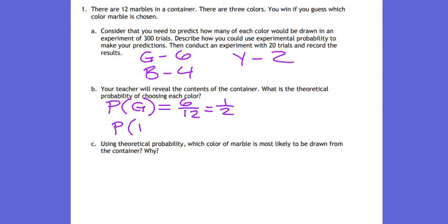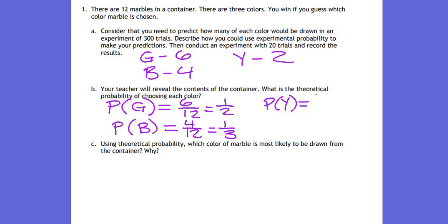Then I'm looking at the probability of blue. How many total blue do I have? 4, out of 12 total. That simplifies to 1/3. Then looking at the probability of yellow.